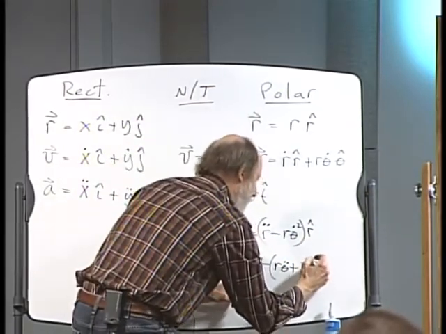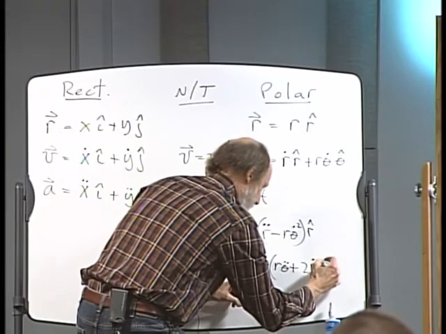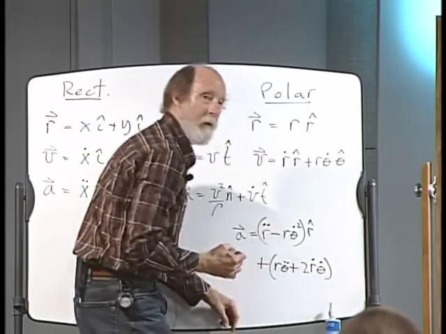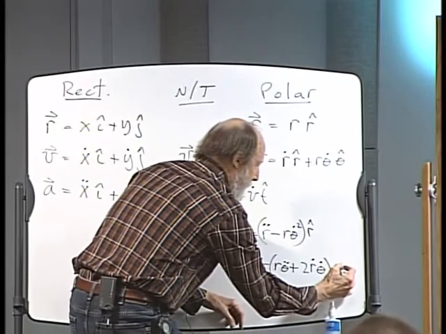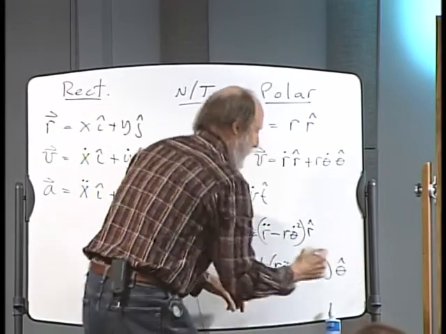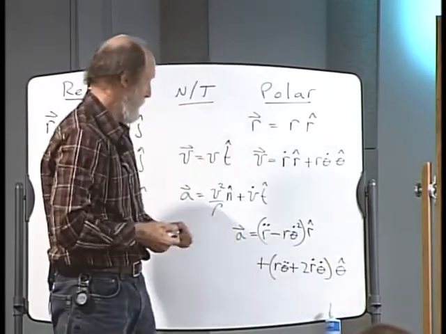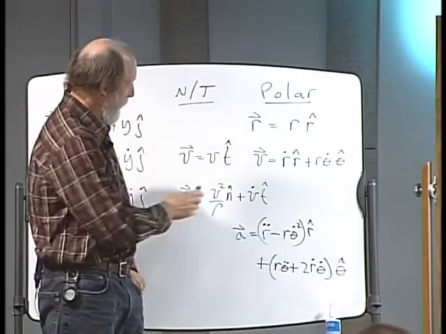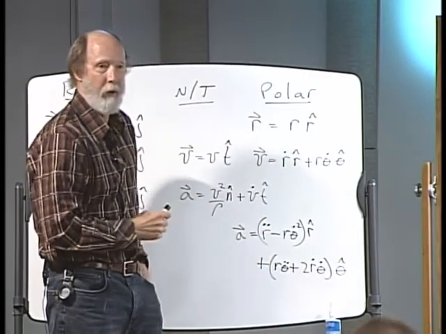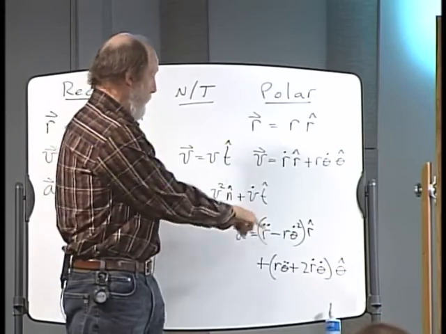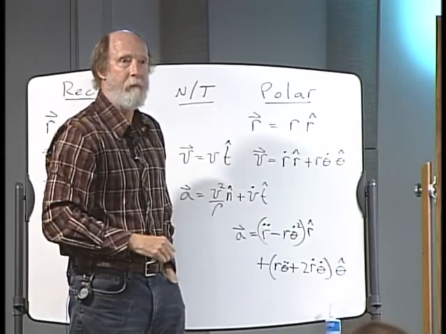It's 2r dot theta dot. And those terms are additive, and they're in the theta hat direction. So that's the acceleration equation, pretty complicated in your polar coordinate system.